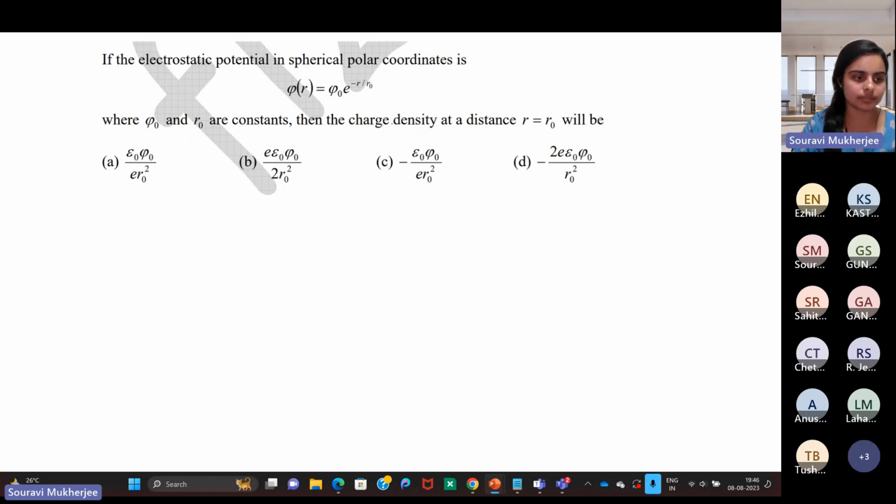Then it's just a constant. That is just the value of phi at that point. You want to see how phi changes as a function of r. You don't want to see how the particular value of phi at that point is changing, because that is just a constant. Understood, right?